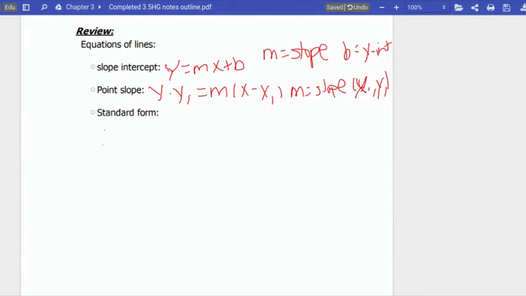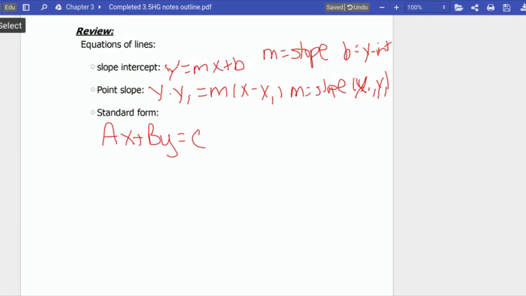Then we have standard form, which is ax plus by equals c. And you have to actually solve this for y if it's in standard form in order to figure out the slope and the y-intercept. So this one is the least useful, but it is one that you need to know.